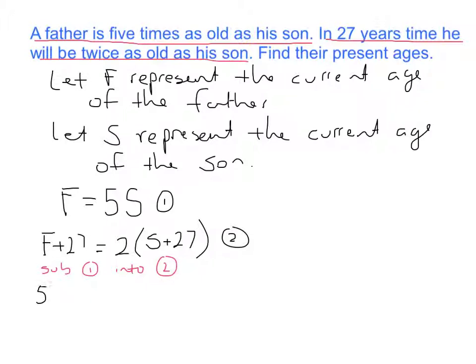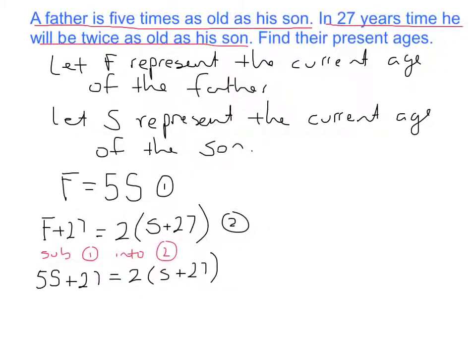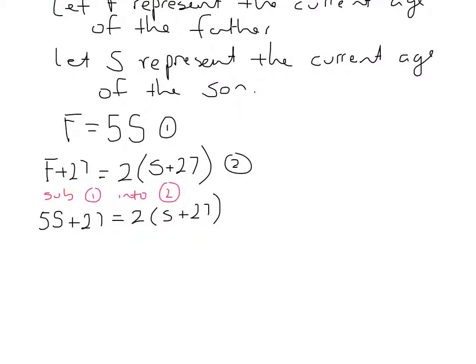So we have 5s plus 27 is equal to 2 times s plus 27. And we might scroll this up a little bit so we can keep going. So on the left-hand side, we have 5s plus 27.